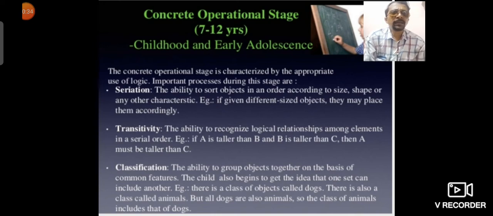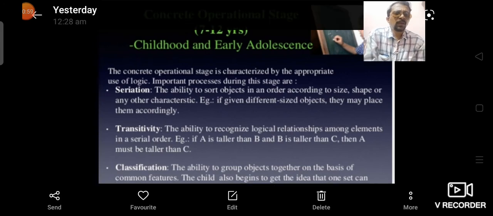They arrange according to the materials, for example fruits, vegetables, grains, etc. They are able to arrange them. That is called seriation. Then transitivity, the ability to recognize logical relationships among elements in a serial order.